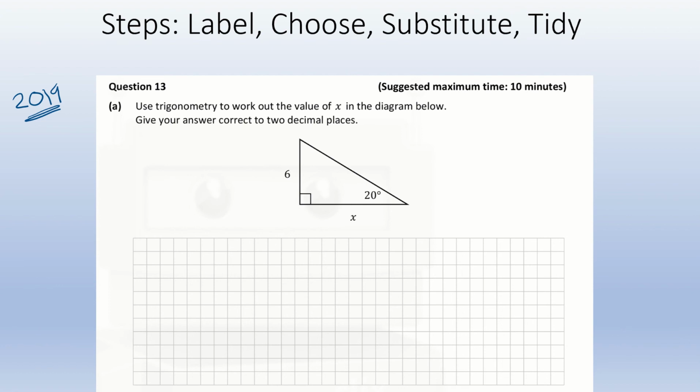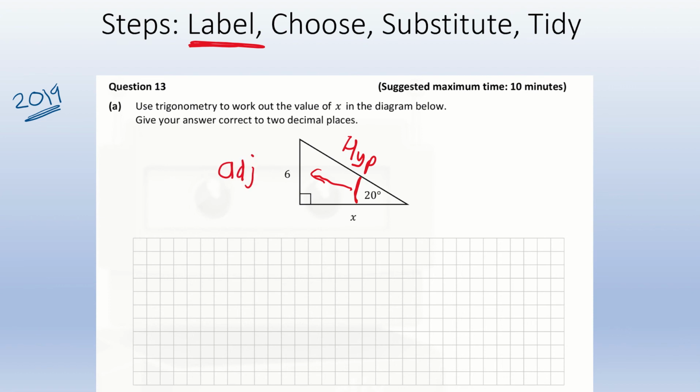Okay, so the first thing we're going to do, and I've written it up here just to remind myself, is label our triangle. So the first thing we're going to do is say that's my hypotenuse. We're given our angle here, it's 20 degrees. So that's going to indicate what we call our 6 and what we call our x. Remember, we need an opposite and adjacent.